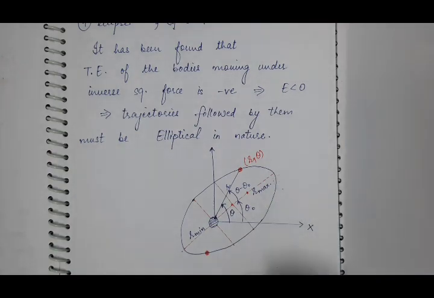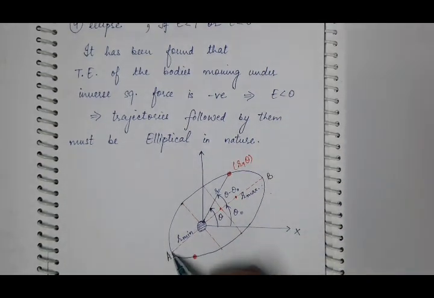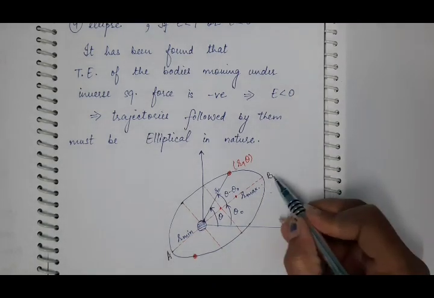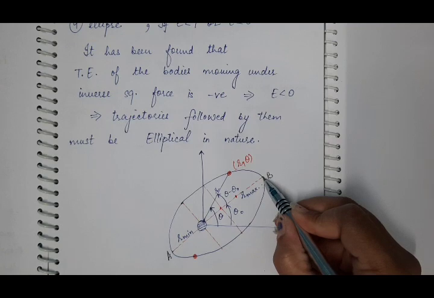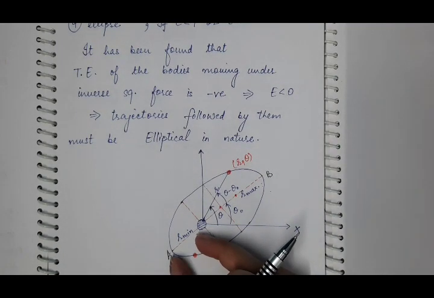Suppose these are the points A and B, where the distance of Earth from the sun is minimum at one and maximum at the other. If distance is minimum, at that time velocity will be maximum.